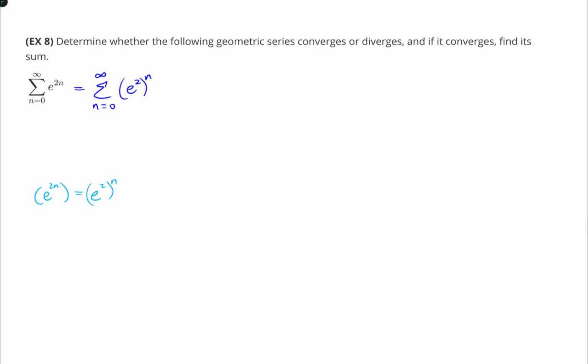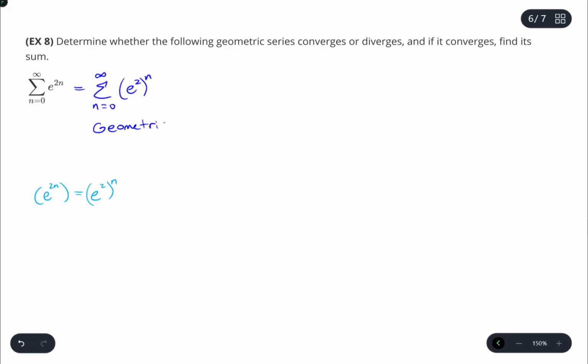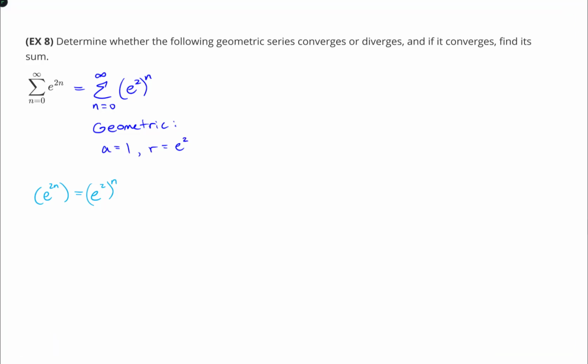So what that means is this is of the form of a geometric series. And the value of a, again, there's no constant here except for just 1, but r is e squared. Now, e squared, you might not recognize what that particular value is, but you should know that e is approximately 2.718.